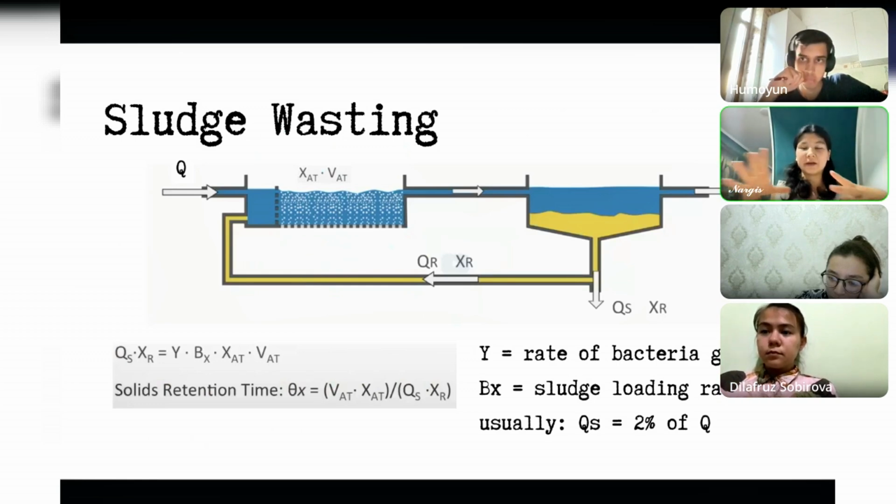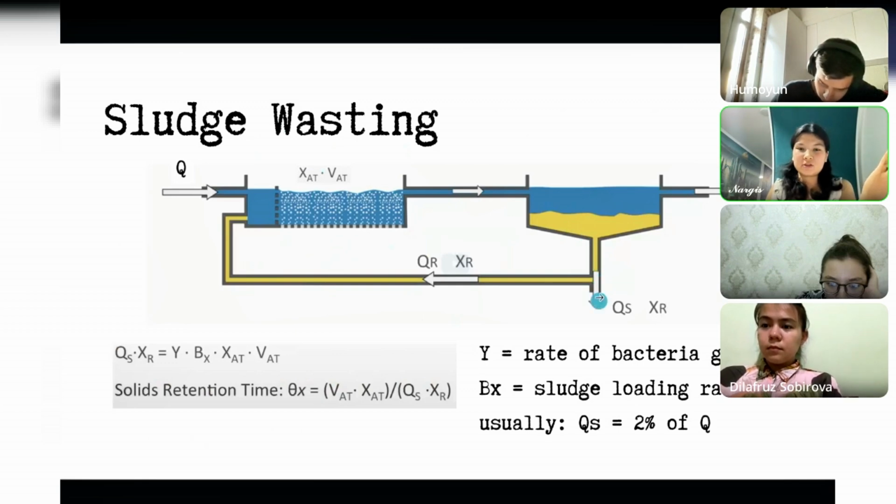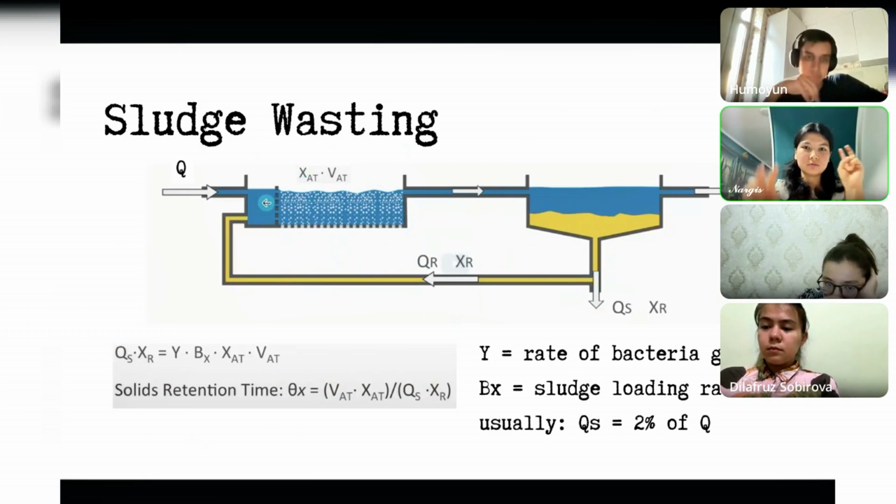As time goes on, bacteria start to grow, its population grows, and its concentration will grow. That's why you will always have to waste some of those bacteria. At some point you will not return the bacteria back, but you will throw away some of the bacteria in order to keep the concentration constant. And basically, everything that defines that is QS and XR.